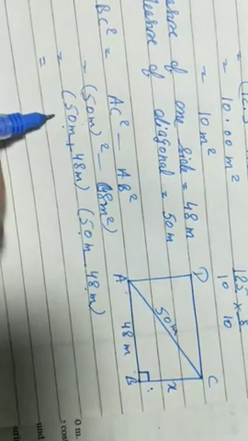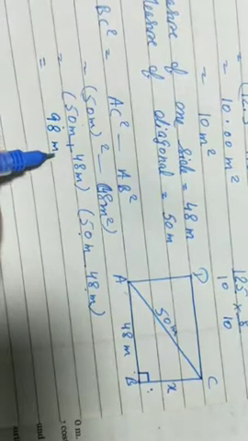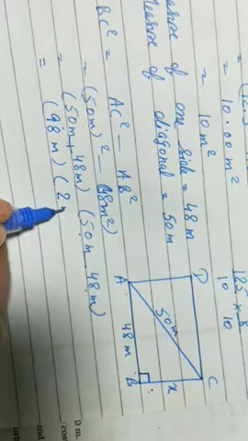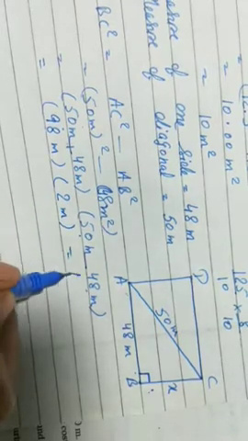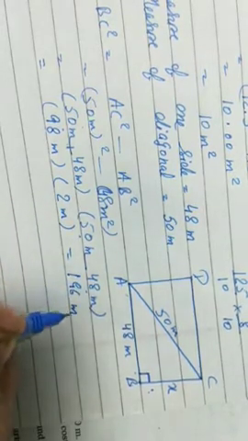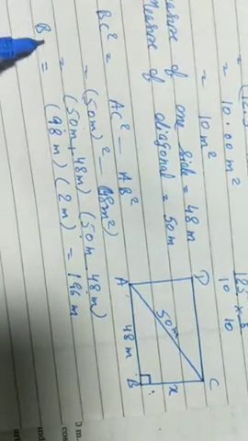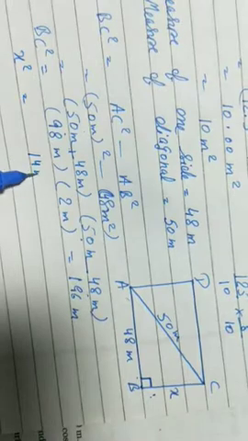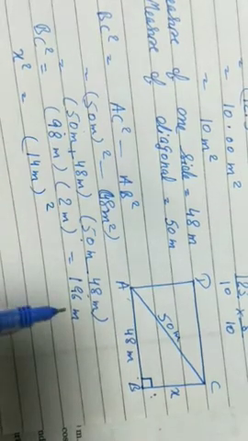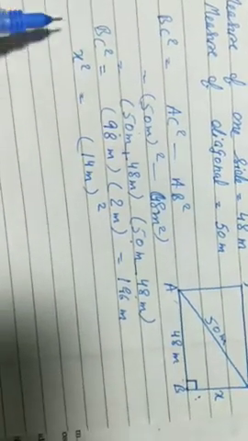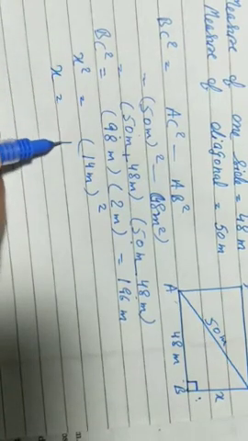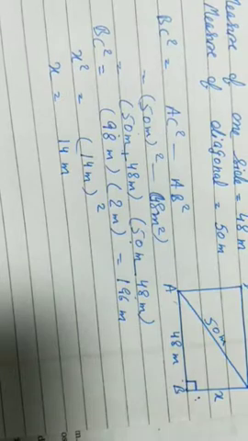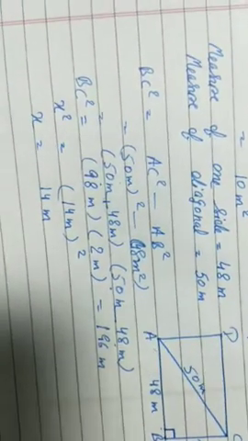We will add both of these, we'll get 98 meter, and when we subtract, we will get 2 meter, and their product is 196 meter. That is BC square, or you can say X square. X square is equal to 196 meter square. We'll find its square root. Then X is equal to how much? 14 meter.